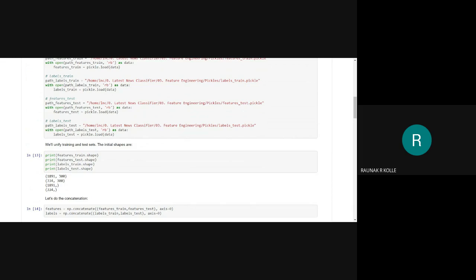The initial shapes of these are as follows. That is 1891 for the training set and 334 for the test set.